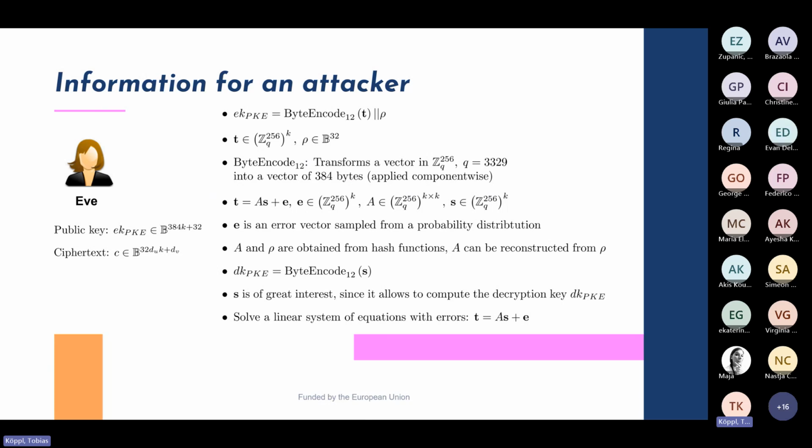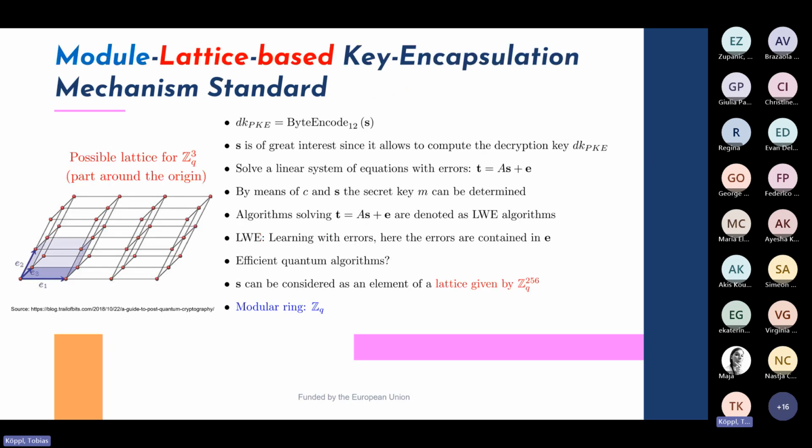And the question is, how can you solve such a problem efficiently using quantum computers? Up to now, there is no efficient quantum algorithm for this problem. This problem is called LWE, learning with errors, and we're talking about lattice-based problems since our secret key S can be considered as a node in some lattice, for example, a three-dimensional lattice.